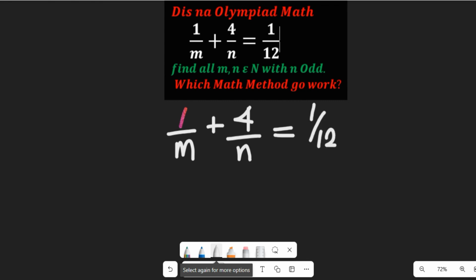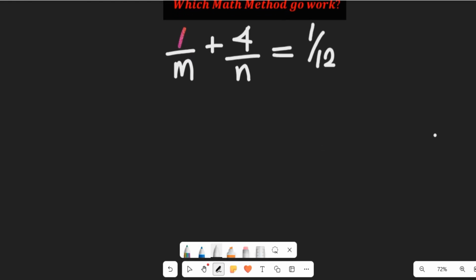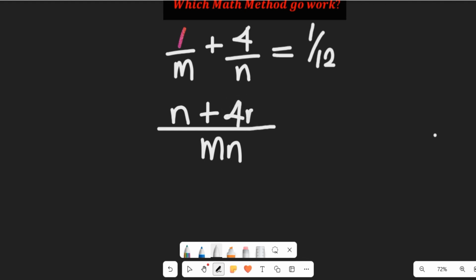The least common multiple is mn, because m times n gives us mn. So mn divided by m gives us n, times 1 gives n, plus mn divided by n gives us m, times 4 gives us 4m. So this will be equal to 1 divided by 12.